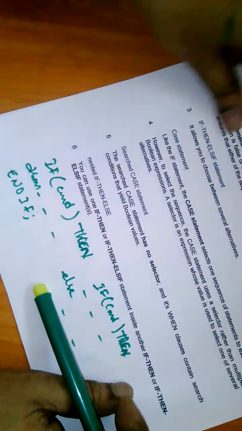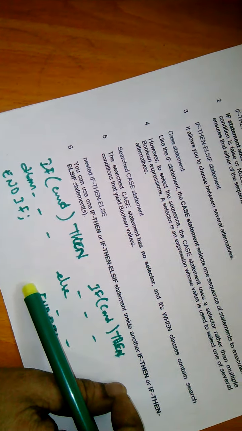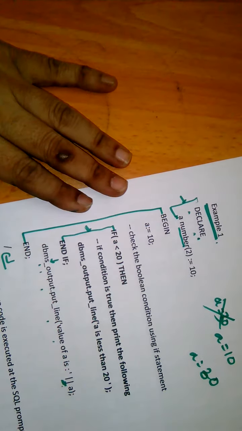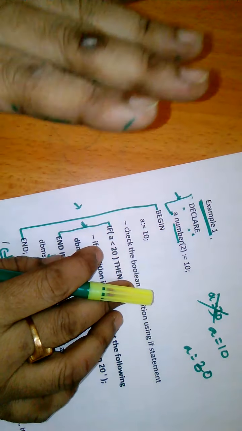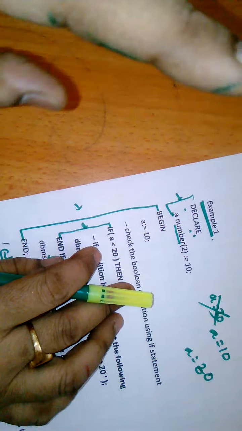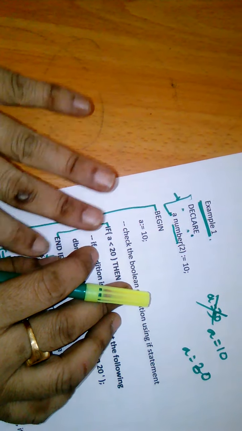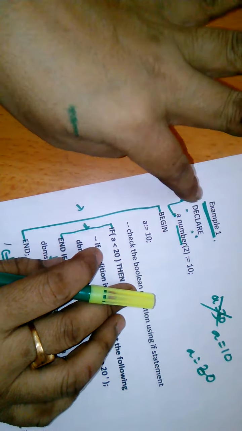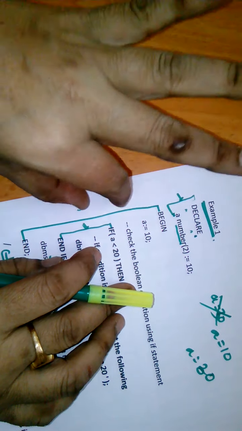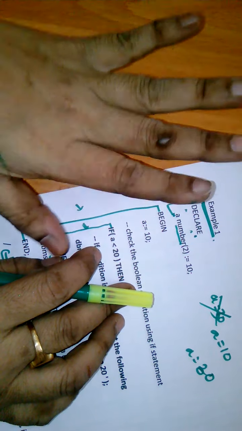Now we will see a simple example of how to write an if statement in a PL/SQL block structure. A PL/SQL block is divided into three sections: declaration, executable and exception, where exception and declaration are optional and the executable section is compulsory.